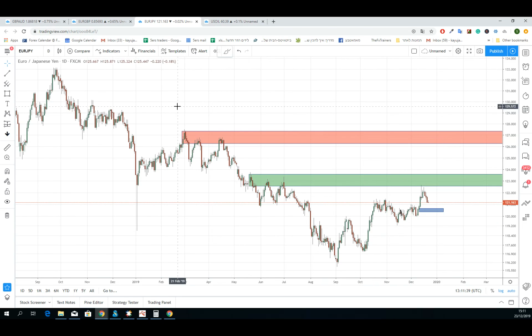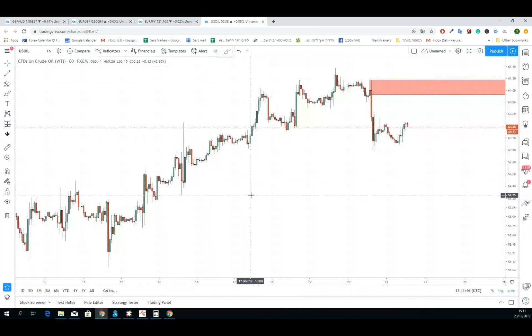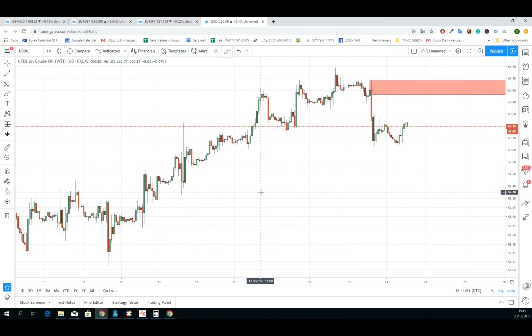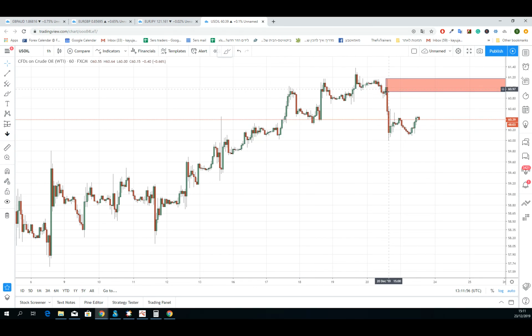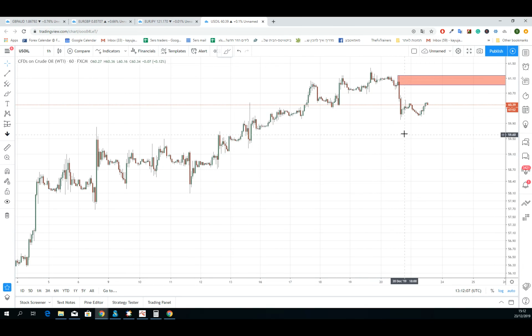The last one, I chose the commodity, the US oil. As we can see now, the US oil created a significant supply just above us. This is the 1 hour chart, and we can see that the price already reached that level and even succeeded in going below this tiny demand here.